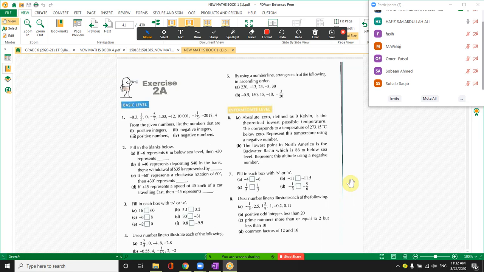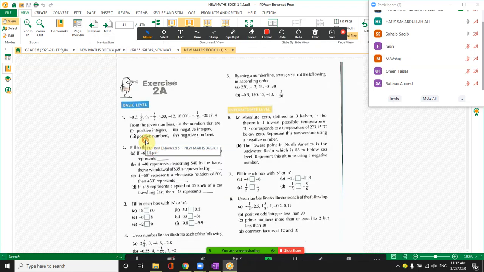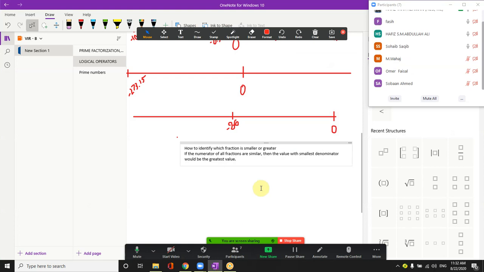That's why 1 upon 3 is greater than 1 upon 5. Got it? Repeat it with me: if the numerator of all fractions is similar, then we look at the denominator, and the value with the smaller denominator would be the greatest value. These points are written in your OneNote, so you only need to check them. Okay? Now moving towards the next part.